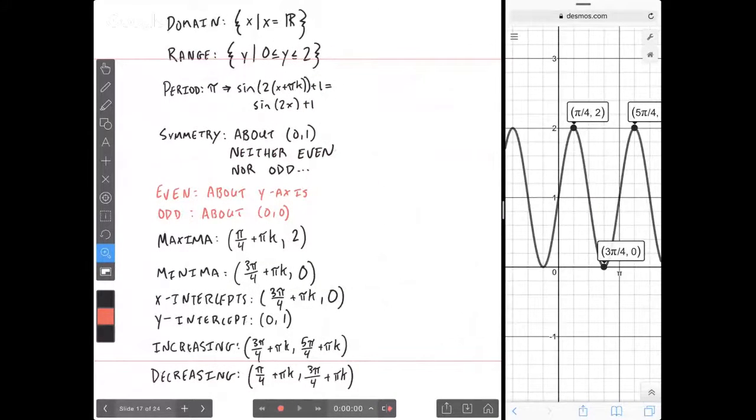Cool. So same thing with tangent or cotangent?